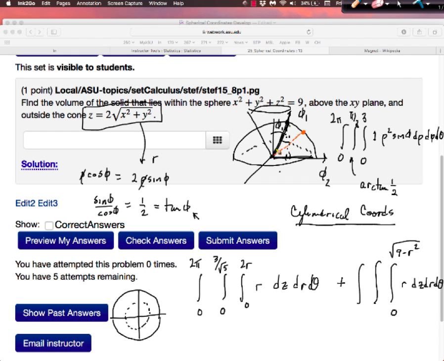Where does it exit out the cone? It exits out the cone for this region here, that's showing up yellow. And now, where does it exit out the sphere? It exits out the sphere from, r goes from. So here's the part in the projection where it exits out the sphere.